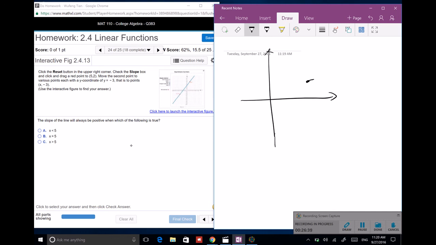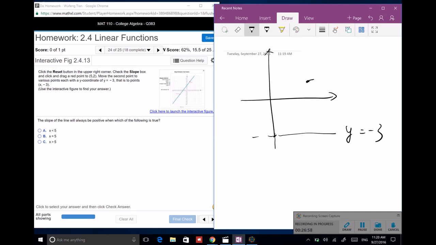Y equals negative 3 is right here. Use the interactive to find out when the slope of the line will always be positive. Which of the following is true?